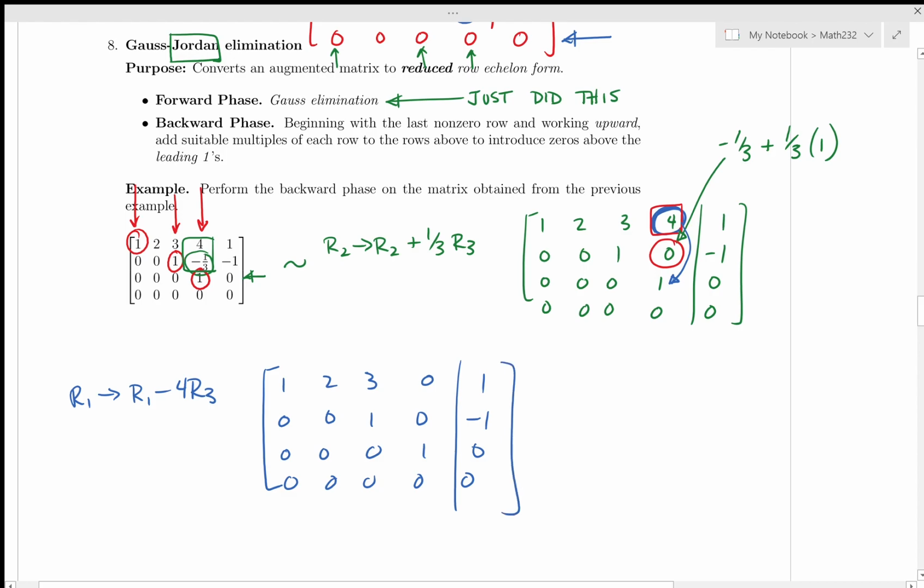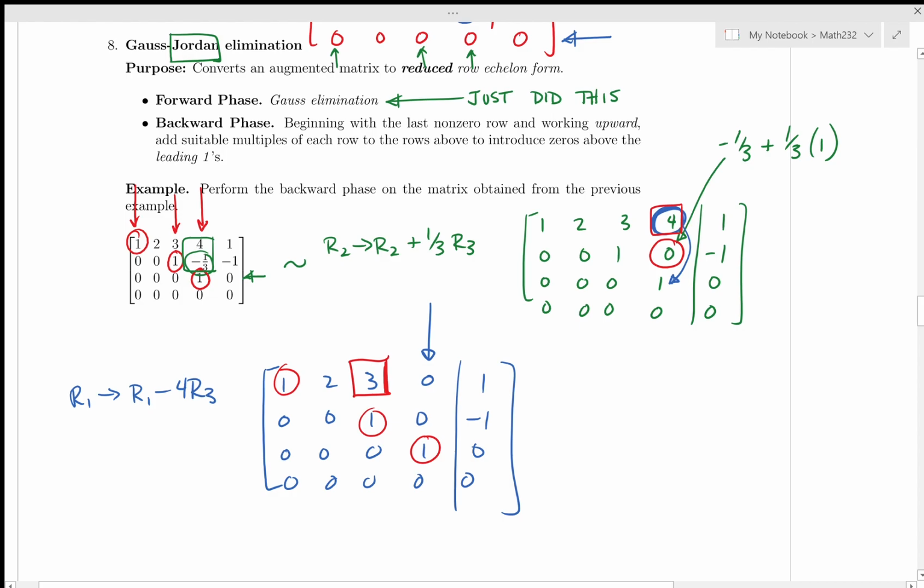Now look what's happened. It's very exciting. With the leading one in this column, everywhere else in the column is a 0. That is already the case for this one. Then I look for my other leading one and see that this entry is the remaining issue.